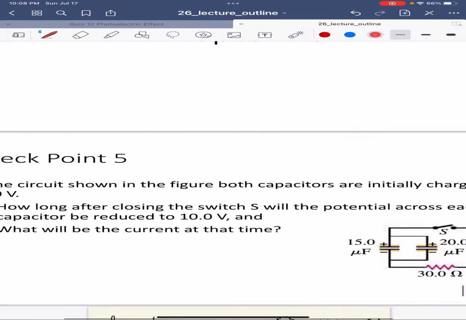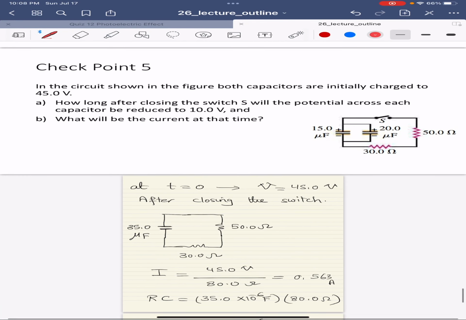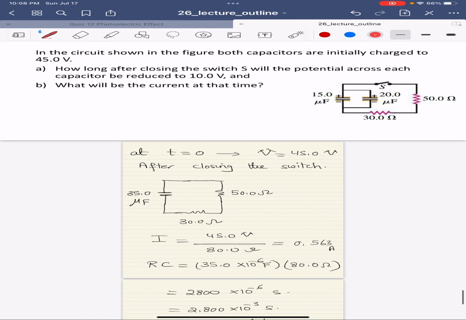Okay, and here is the last one. I have an RC circuit, and both capacitors are initially charged to 45, then this is a discharge. How long after closing the switch S will the potential across each capacitor be reduced to 10 volts? Here I need to find the equivalent resistance and the equivalent capacitance.